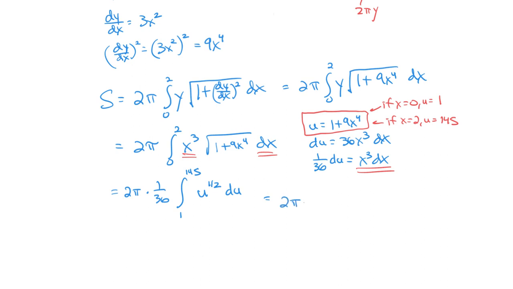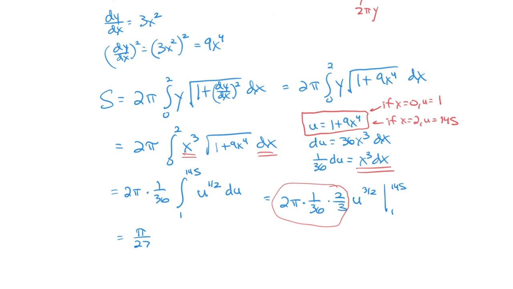So we get 2 pi times 1 over 36 times 2/3 u to the 3/2, and then this goes from 1 to 145. Of course, we can clean all of this up, right? So this is 4 in the top, which will cancel that 36, become 9 times 3. So that's going to be pi over 27 by the time you clean up all of this.